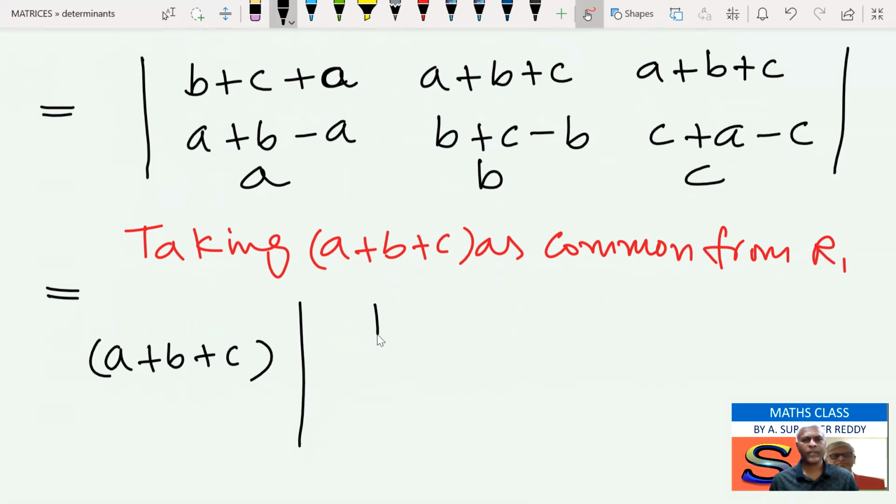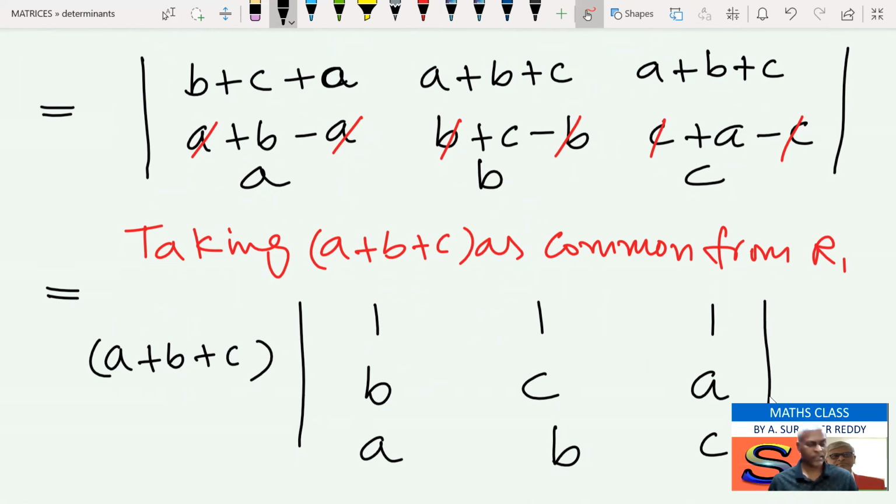So this becomes 1, 1, 1. From R2, A minus A will get cancelled, B minus B, C minus C will get cancelled. So R2 is B, C, A, and R3 as it is, A, B, C. No change in R3.